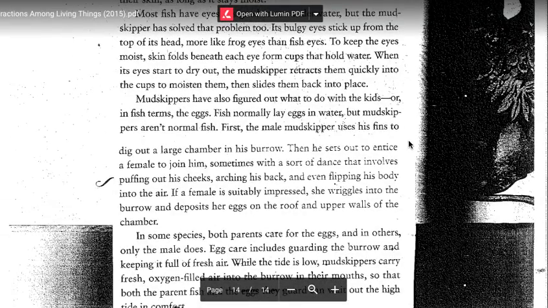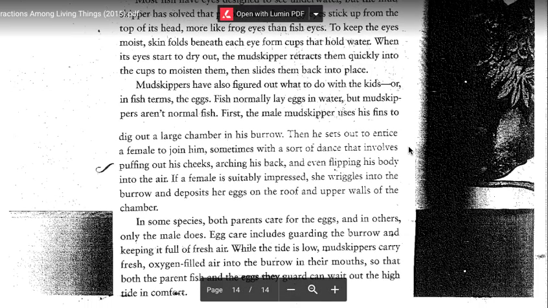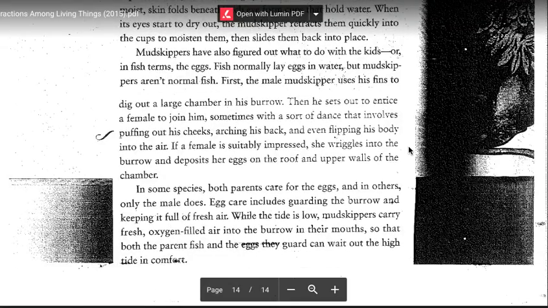Mudskippers have also figured out what to do with the kids, or in fish terms, the eggs. Fish normally lay eggs in water, but mudskippers aren't normal fish. First, the male mudskipper uses his fins to dig out a large chamber in his burrow. Then he sets out to entice a female to join him, sometimes with a sort of dance that involves puffing out his cheeks, arching his back, and even flipping his body into the air.